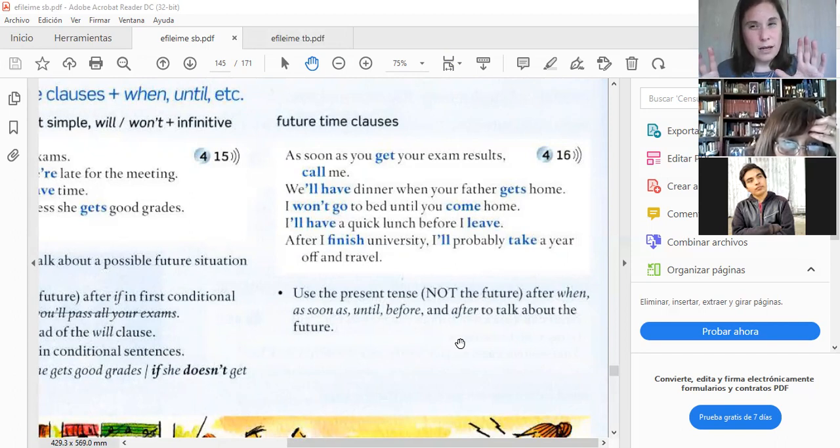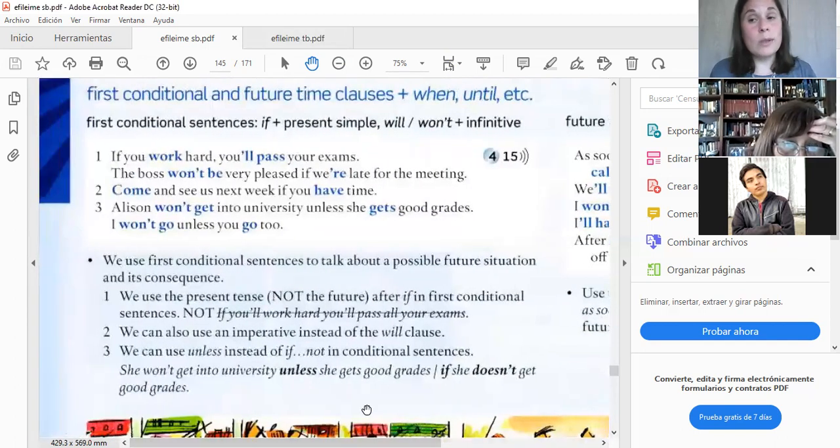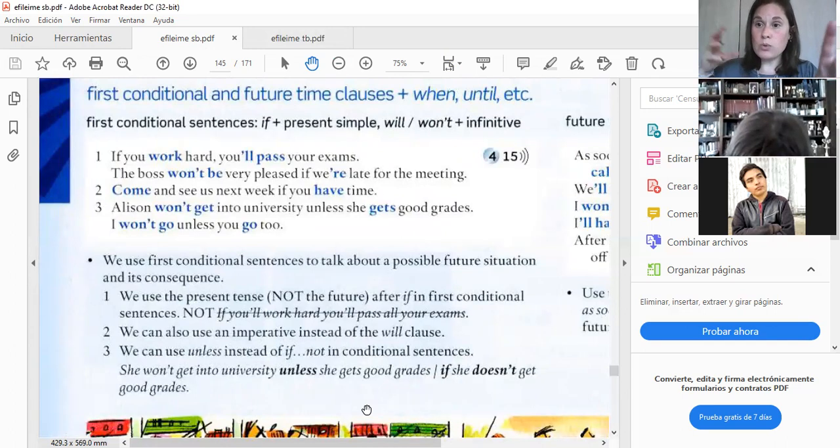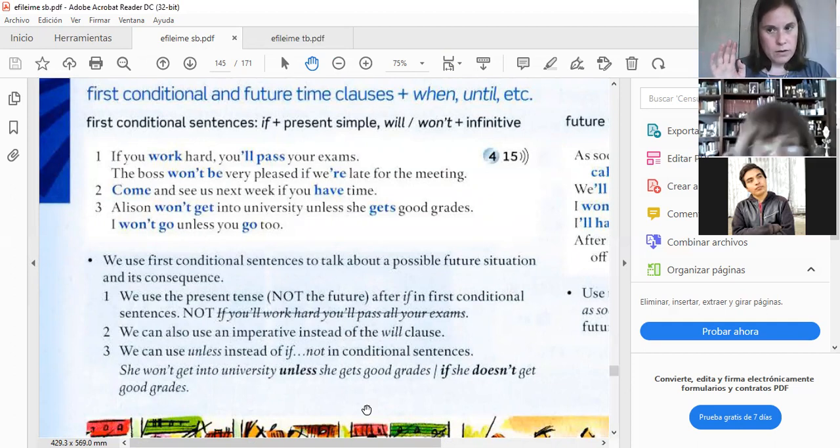Do you understand that? Okay, it's a lot of information, pero es algo a tener en cuenta. Porque estamos trabajando con futuro simple, y si tenemos cláusulas a futuro, los verbos van en presente simple, no en futuro simple. Porque la cláusula ya me indica futuro. ¿Ahí quedó más claro?